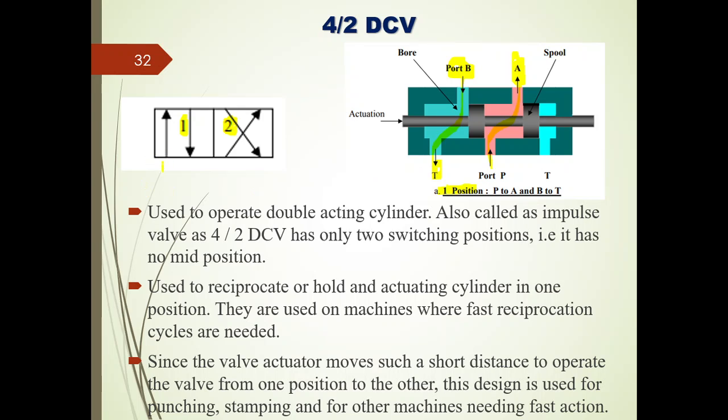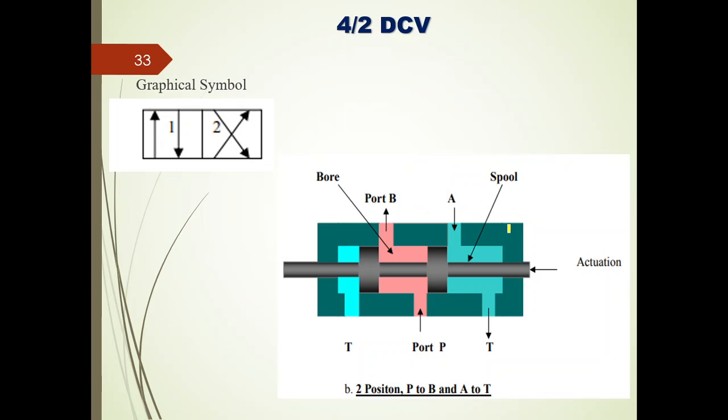You can see here this is the pump flow which will be connected to system port A and B will be connected to T, right? Whereas in the second position, that is in the crossed position, the flow will take place from pump to B and from A to T, that is after actuating the second position, right?